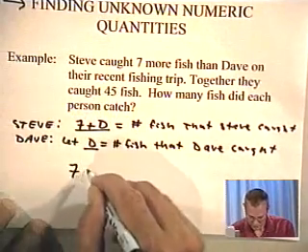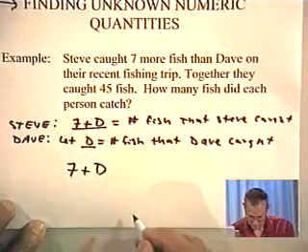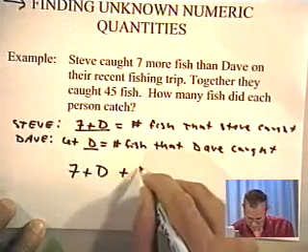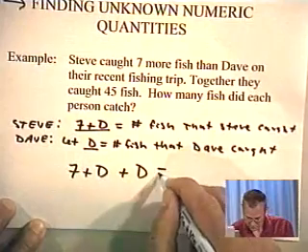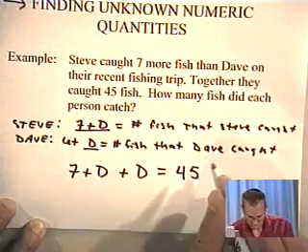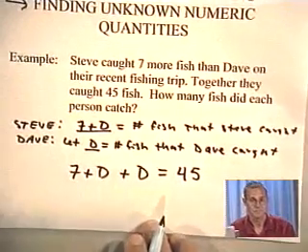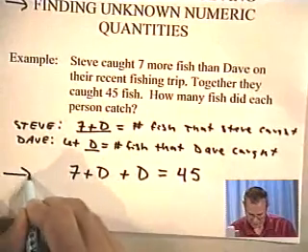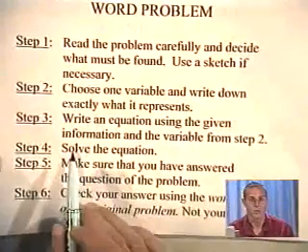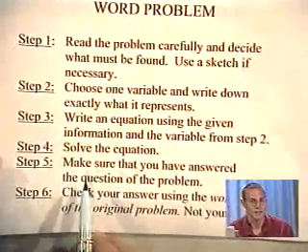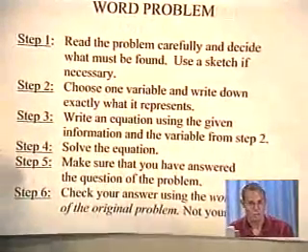So my equation is 7 plus D, which is Steve's fish, plus D, Dave's fish, equals 45. So we've got the equation, and now we need to solve it, make sure that we've answered the problem, and then check our work.